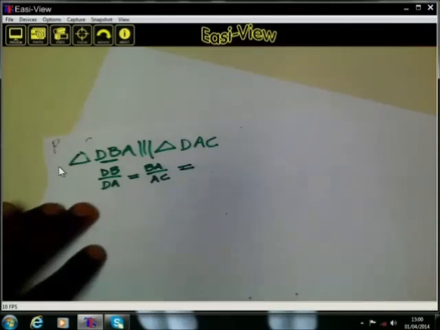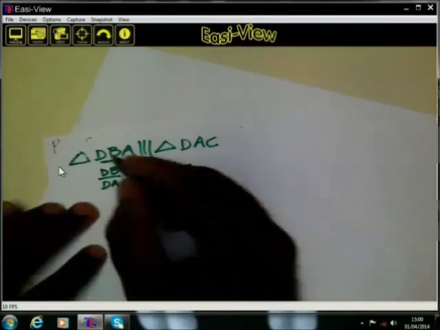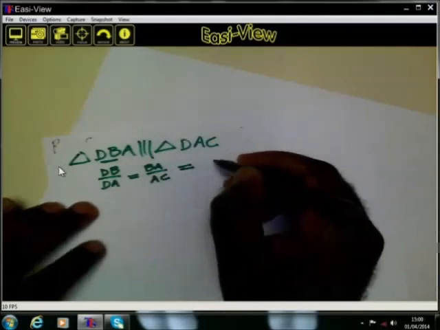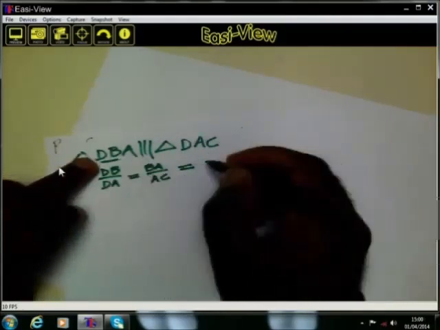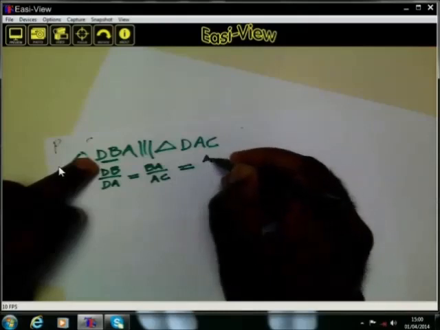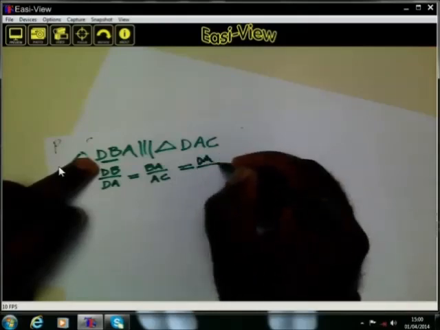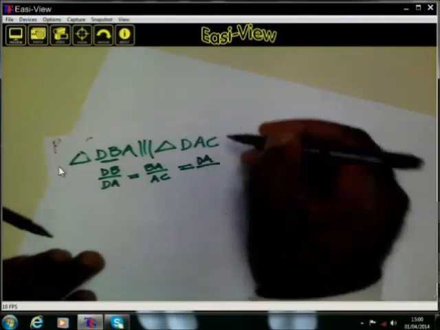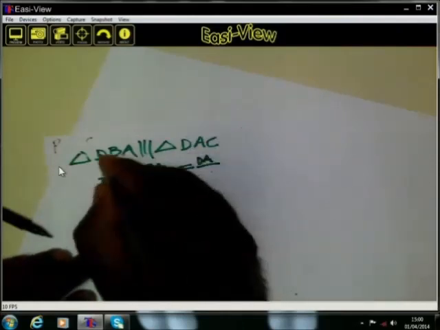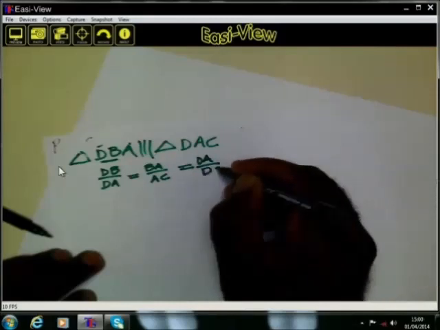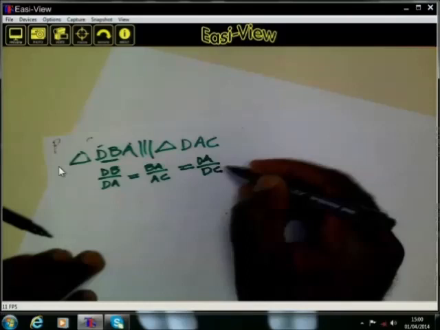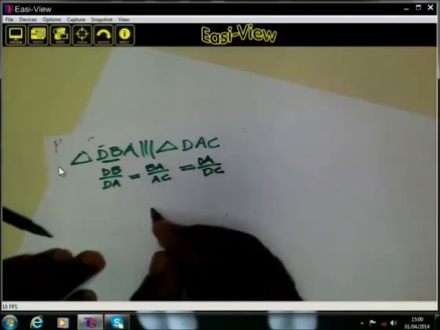But since we cannot come up with the conclusion again here, we can extrapolate and take it further to say that we can have side DA over side DC, taking the outside over DC, also being equal to that.